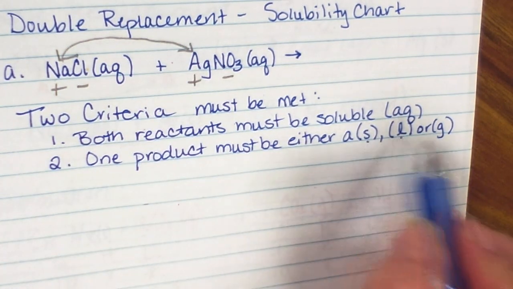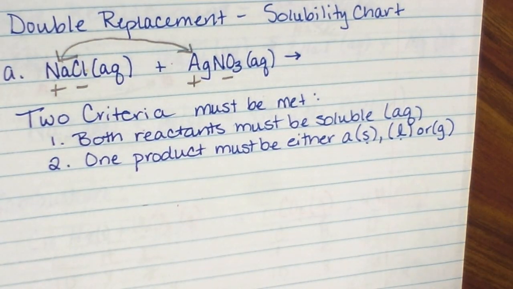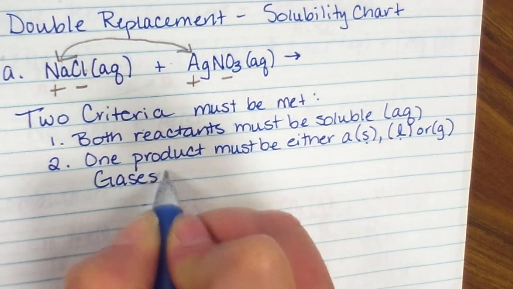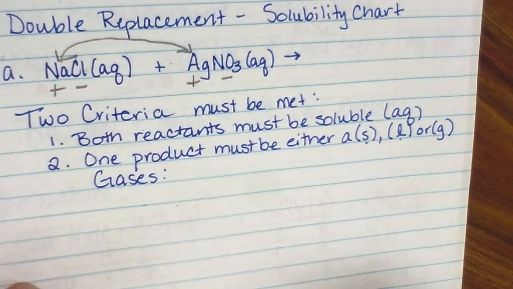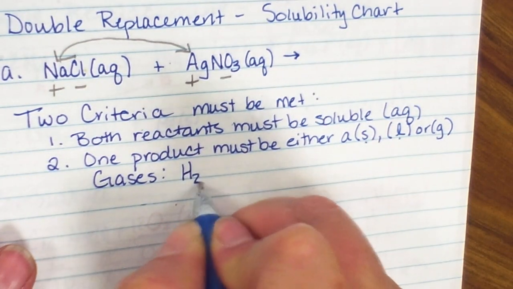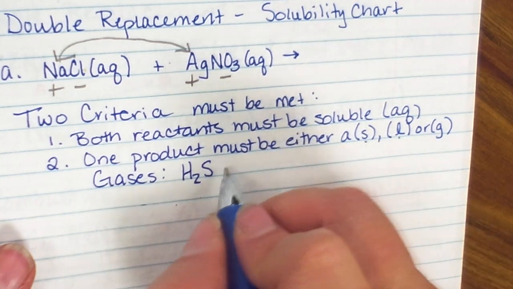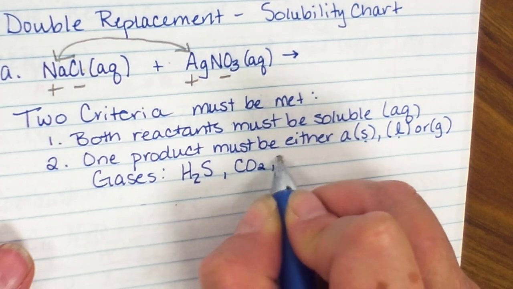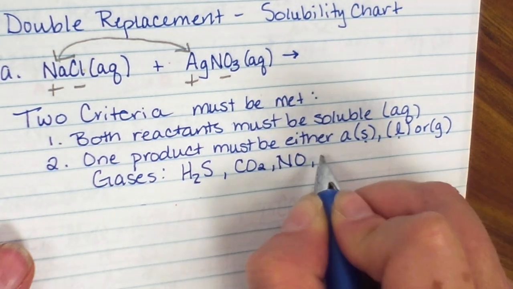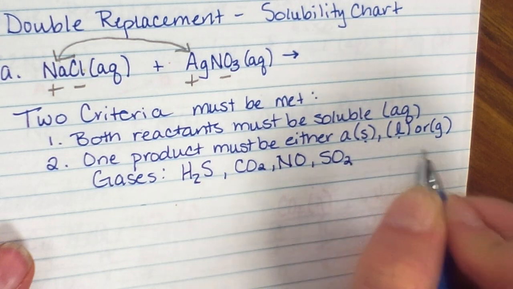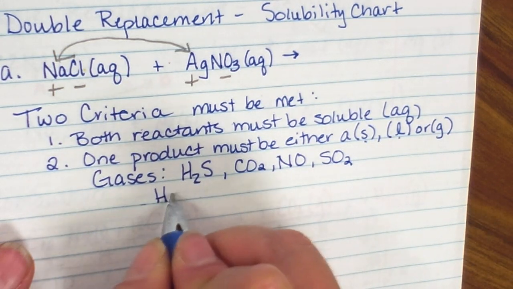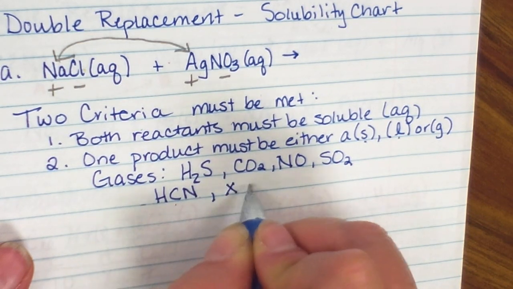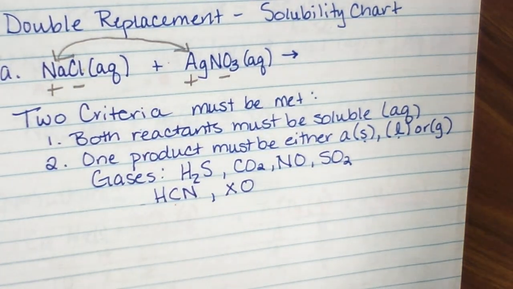So solids and liquids, that's easy. We get that because we have our chart, right? But gases are a little bit more challenging because we don't really have gases. So here are some of the possible gases that you might see: H2S, carbon dioxide, nitrogen monoxide, sulfur dioxide, hydrogen cyanide, or a metal oxide.